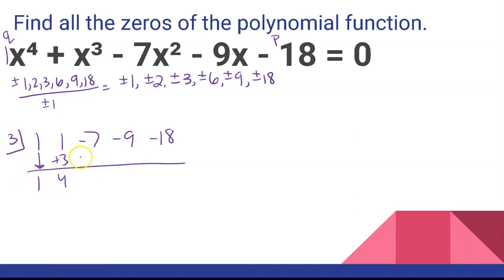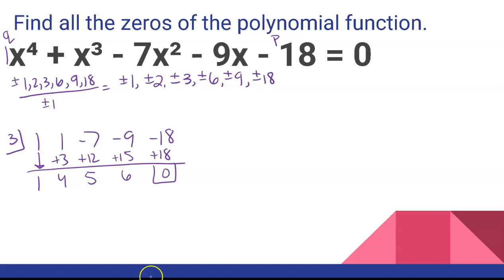Add them. Multiply. We're going to add again. Multiply. I know I'm adding because I keep getting positive numbers. Negative 9 plus 15, what is that, 6? And then, there we go. So we have proved that 3 is a solution, with no remainder.